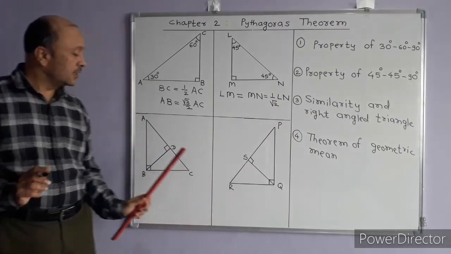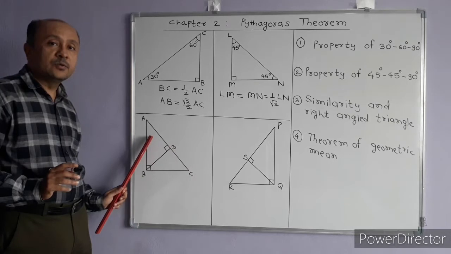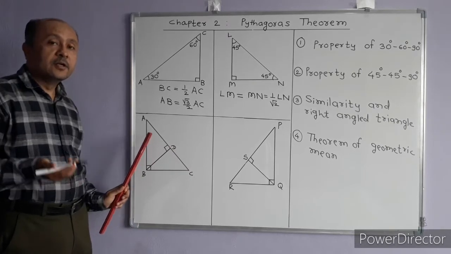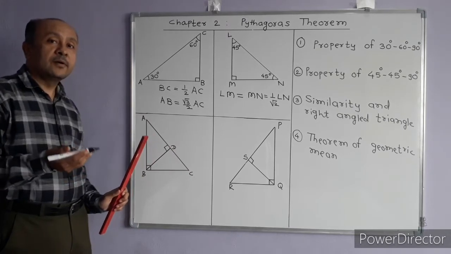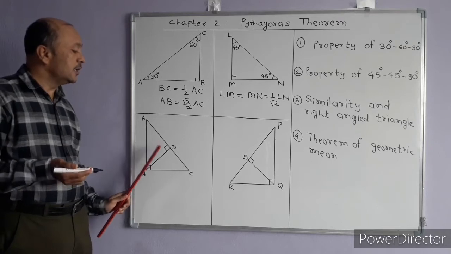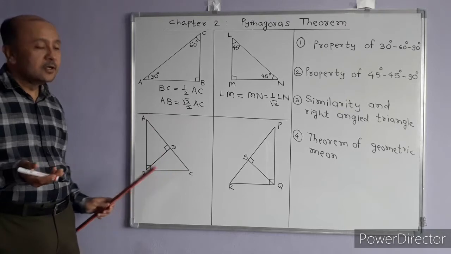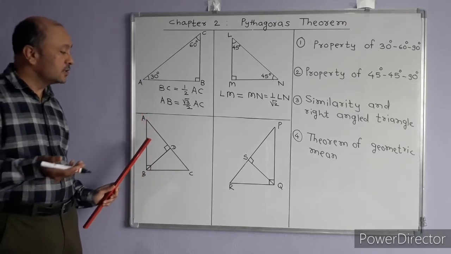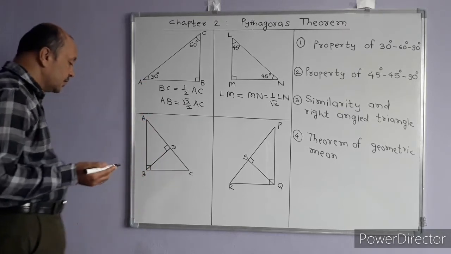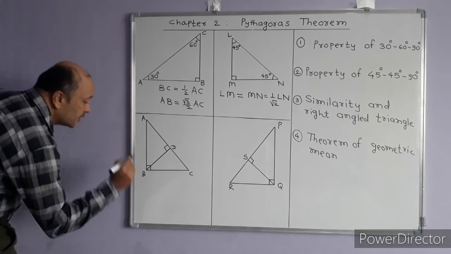And now we can apply the knowledge of similarity, that is two triangles are similar, then what? All angles are congruent and the sides are in proportion. That is knowledge of similarity we can apply here in Pythagoras theorem lesson. Okay, so look here, which are the triangles we got here?